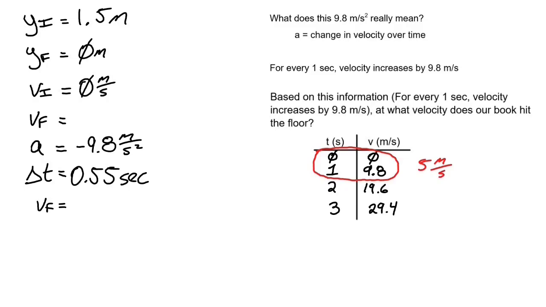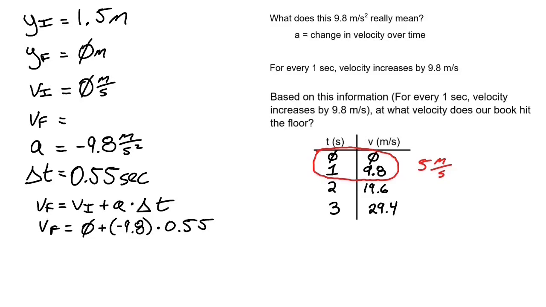Vf is equal to Vi plus our acceleration times delta t. Let's do our substitutions here. Initial velocity of 0 plus our negative 9.8 times our delta t, which is 0.55.